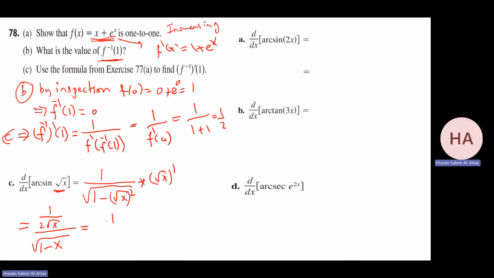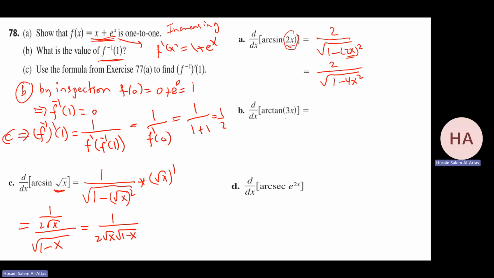So that will be 1 over 2 root x root 1 minus x. You can multiply or you can leave it like this. Arc sine of 2x. This is my u now. So it will be square root of 1 minus u squared, times the derivative of u, which is 2. So that will be 2 over root 1 minus 4x squared.